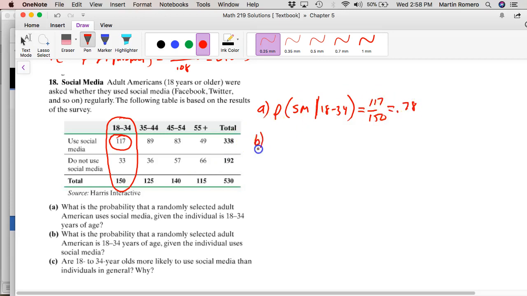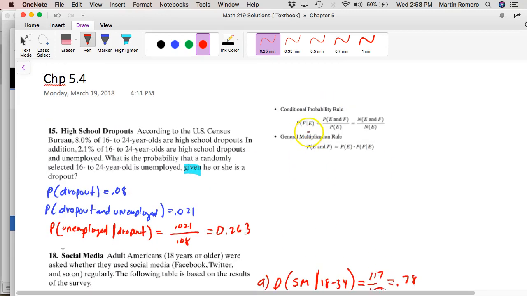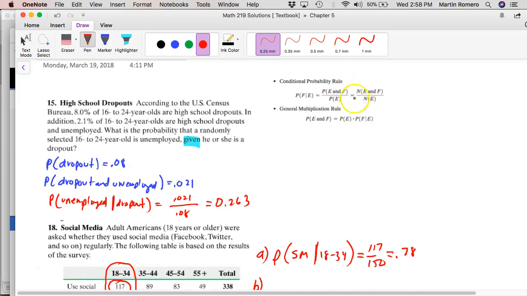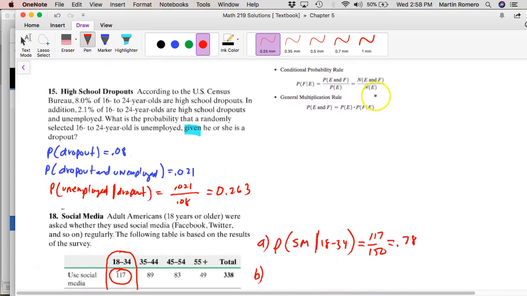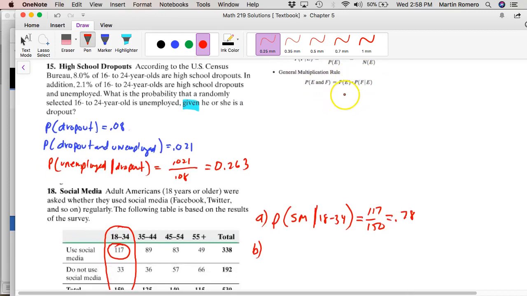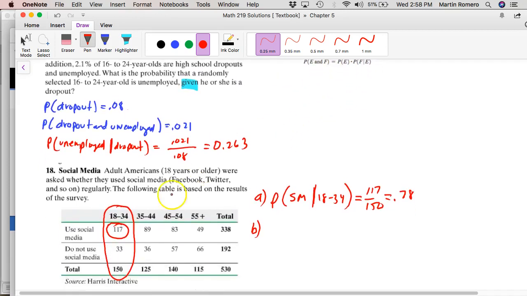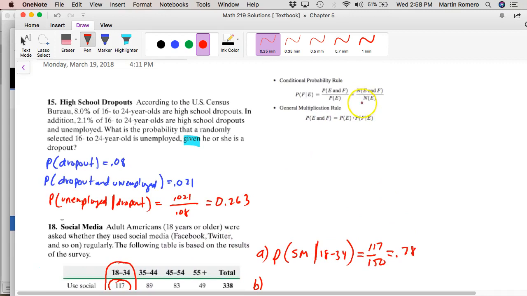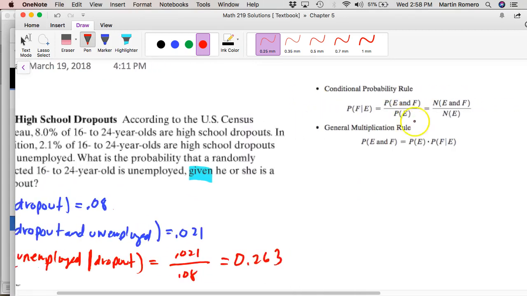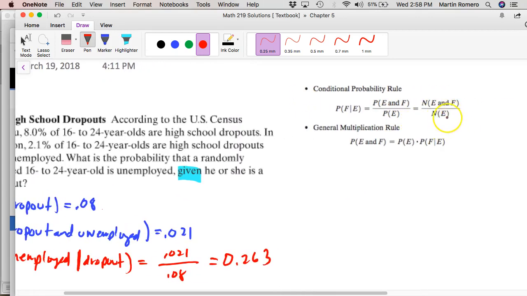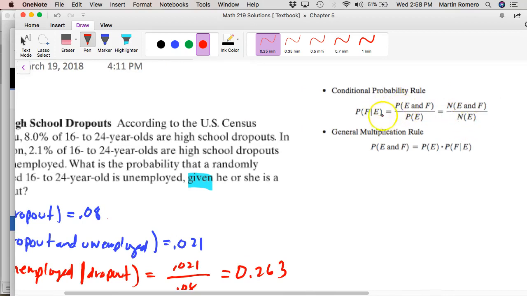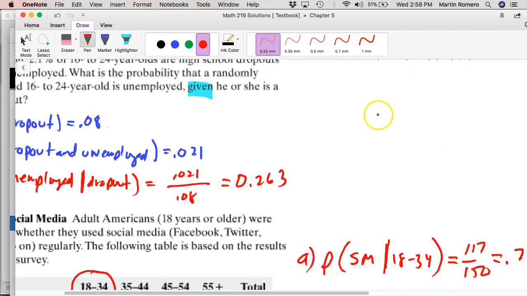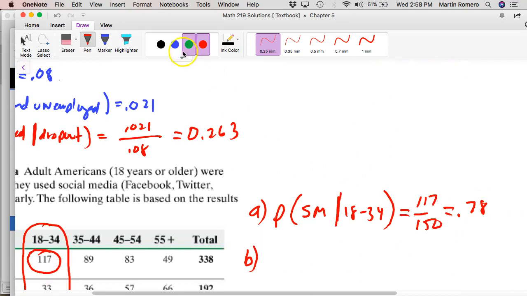So that's A. Again, this is conditional probability. In this case, we're looking at this formula here, and that's what they would follow. But again, the given is that probability F given E. Notice we're dividing by the number that fall in this category of E. And so maybe I should write it here real quick.